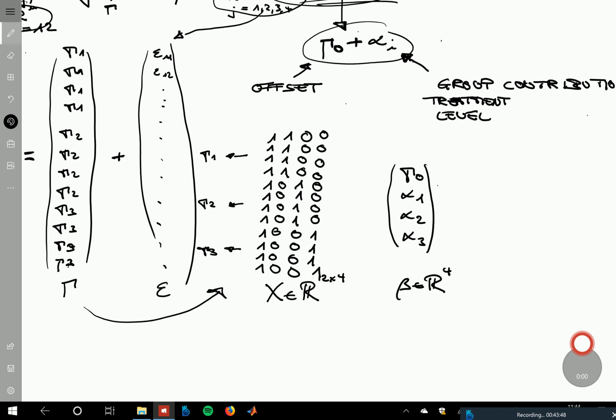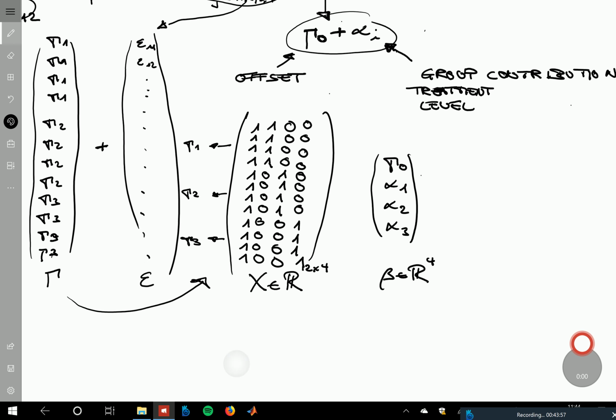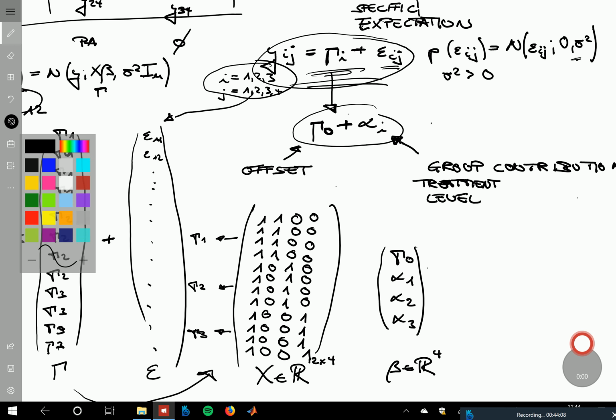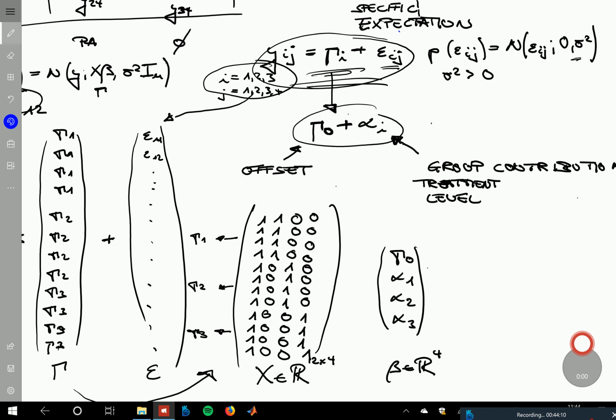So that's then our design matrix that instantiates, or is equivalent, or implements, however you want to call it, this model here, yeah.